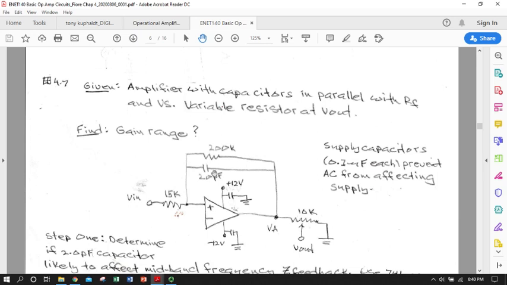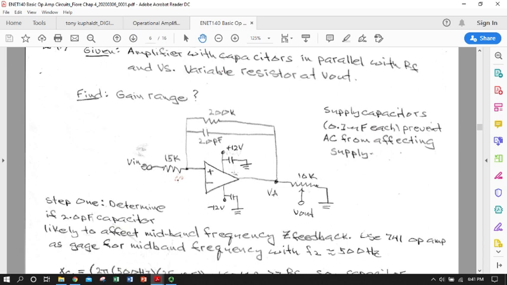So the very fact that we have a capacitor there says that now our gain response is going to be a little bit frequency dependent, because remember, our gain is negative RF over RI, so the effective impedance of the path through the feedback would be a little bit less if you were high frequency, because more of you could flow through this capacitor with very little resisting you, very little effective impedance there.